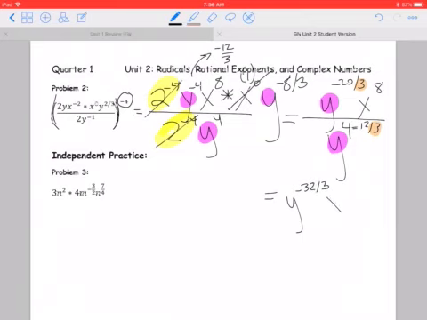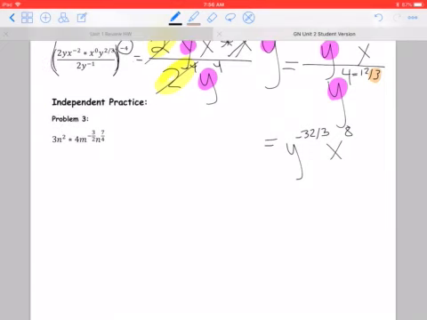Okay, so we have that and the x to the 8, and there's nothing in the denominator. Negative exponents do need to move, so go ahead and make your fraction bar with that 32/3 on bottom. But remember, it becomes positive when you do this.